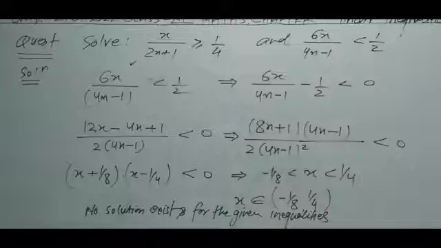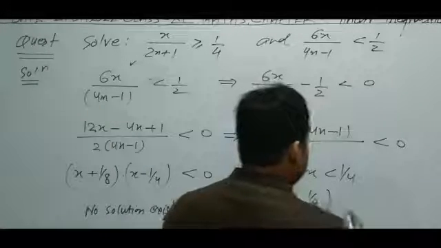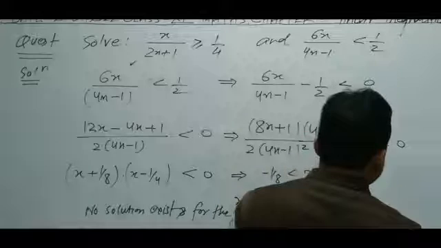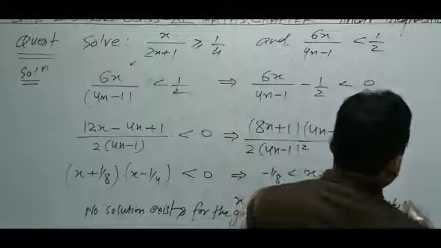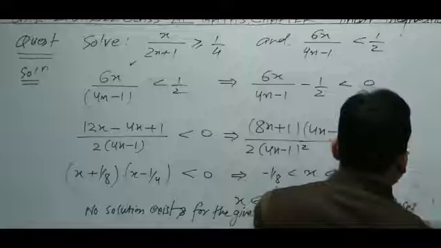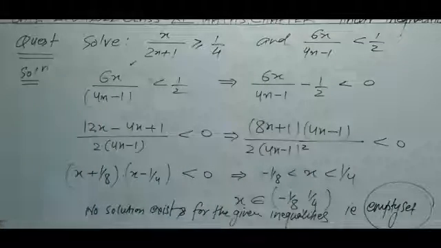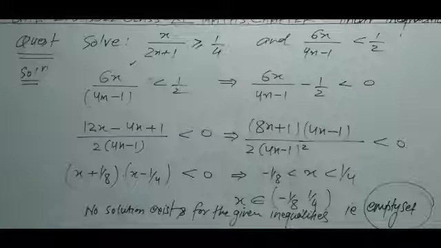So there is no intersection of elements and no solution. Suppose we write the solution, this will be phi, that is, the empty set. Now this question is totally completed.